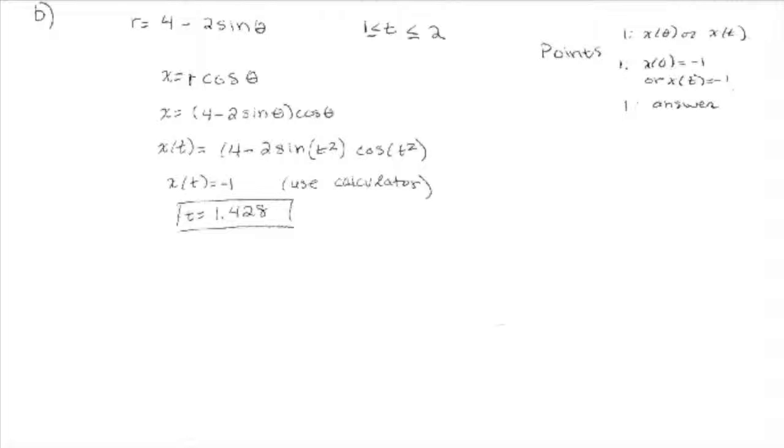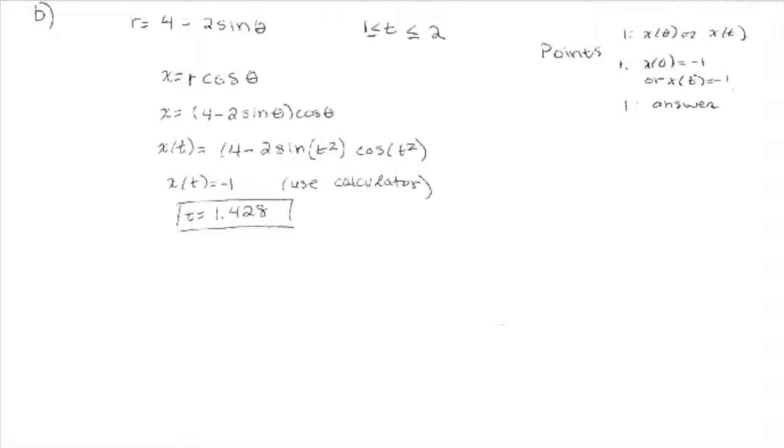And if you want to find where it equals -1, you can graph the function 4 minus 2 sine of x squared times cosine x squared plus 1, where we plug in x instead of t, and the plus 1 is just so that when you graph it, you can find where it intersects the x-axis and it equals 0, and then you will have your answer, and it must be between 1 and 2.